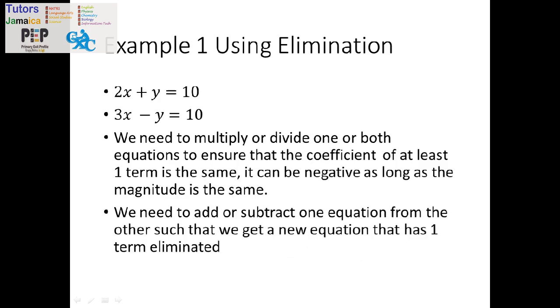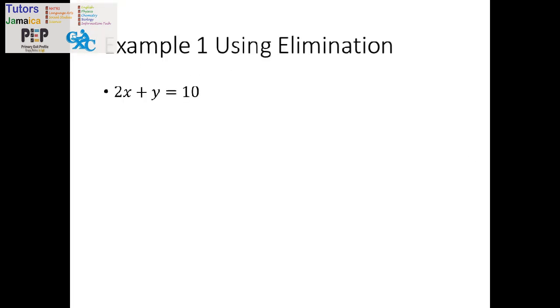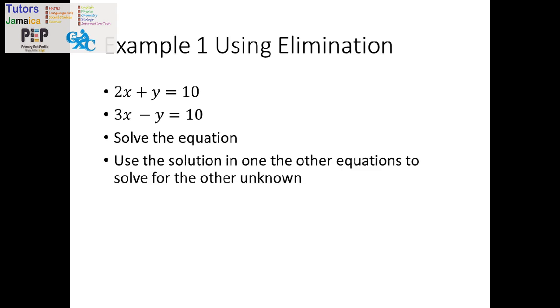So we need to add or subtract one equation from the other, such that we get a new equation that has one term eliminated. So in this case, what we're going to have to do is add.